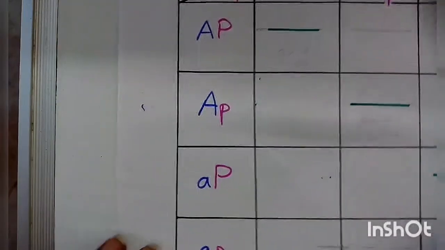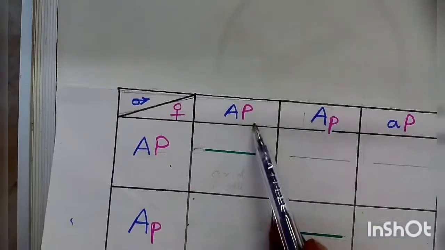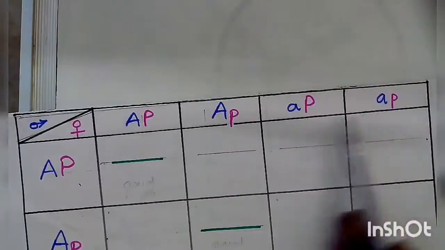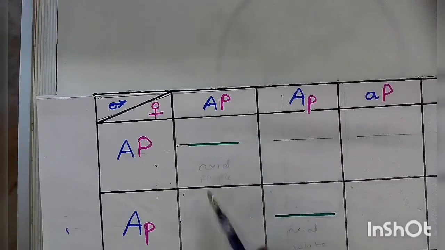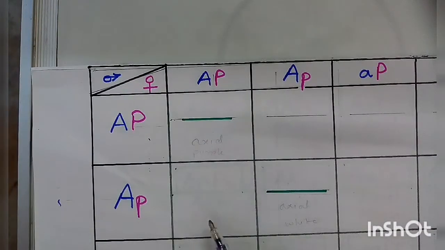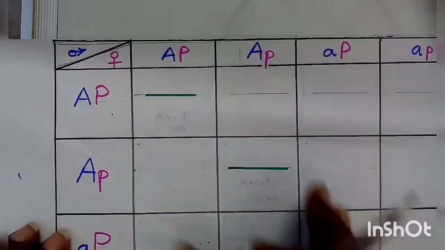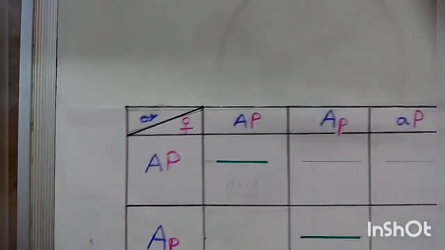You simply have to place the 4 male gametes on one side and the 4 female gametes on the other side. Now how do we find or predict the progeny for the F2 generation? Instead of taking the whole table, we'll take selected ones.